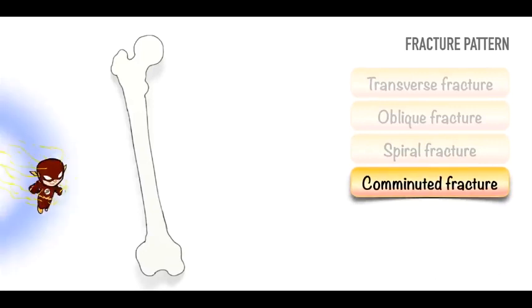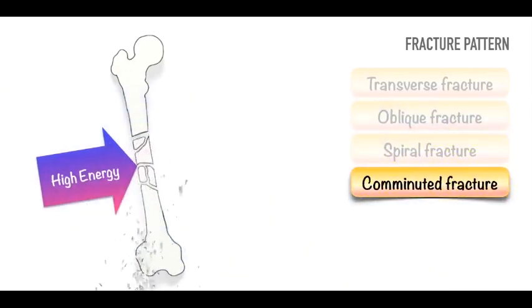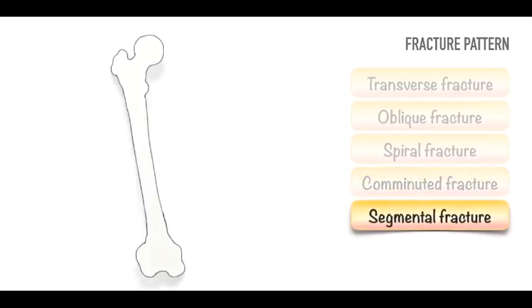It is caused by crushing or compression force along the axis of the bone. 5. Segmental fracture. In segmental fracture, there are 2 fractures in one bone, but they occur at different levels, leading to a free segment in between.